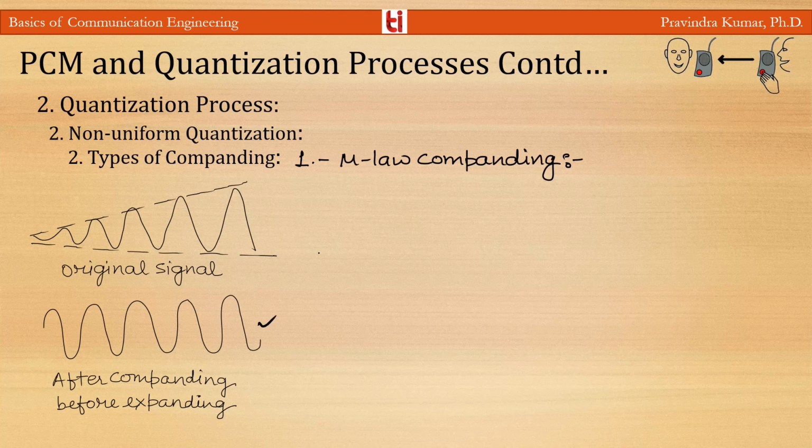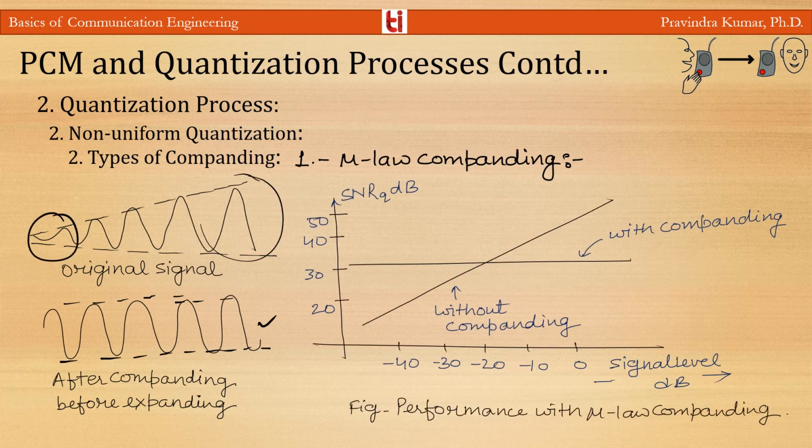So the signal amplitude is constant, so the SNR will be constant. So SNR for the weak signal will be high, and the SNR for the strong signal will be normal, as in this case, because the amplitude is constant for the weak signal and also the strong signal.